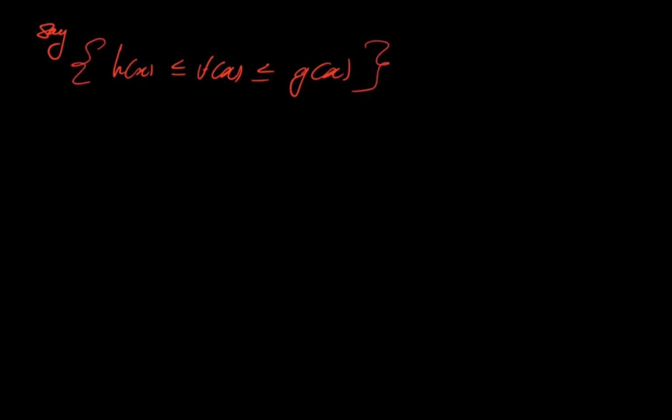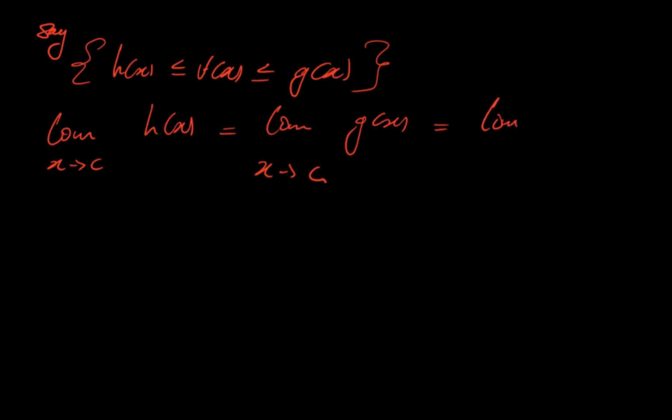So, what you have to understand is this. If the limit of the first function, h of x, as x approaches c is equivalent to the limit of the last function, which is g of x, as x approaches c, it implies that this will also be equivalent to the limit of f of x as x approaches c.